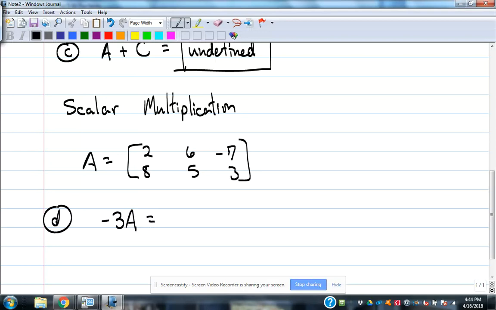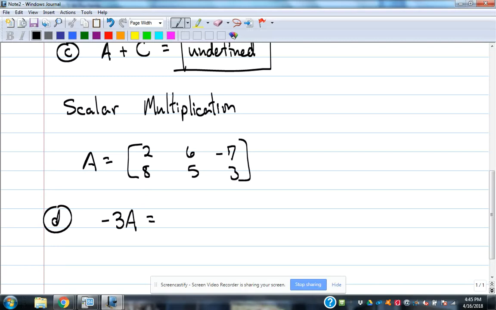This one, we kind of referenced it when we were talking about row operations. And somebody said it's like distributed property. Well, it's not as much like distributed property as scalar multiplication is. Scalar multiplication is exactly distributed property. It's distributing whatever you're multiplying times that matrix to every piece of the matrix. So it's negative 3 times 2, negative 3 times 6, negative 3 times negative 7, negative 3 times 8, negative 3 times 5, negative 3 times 3.